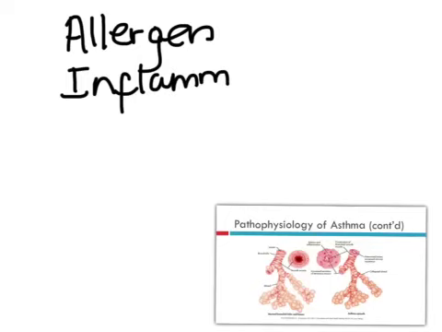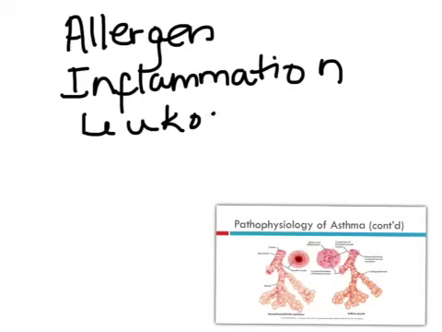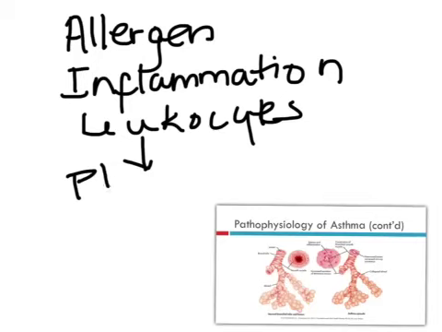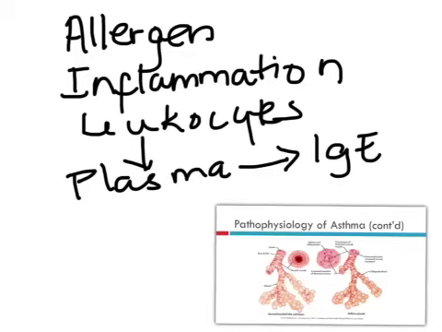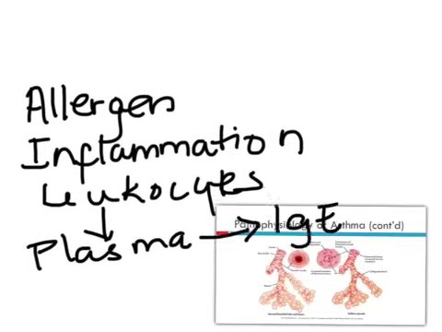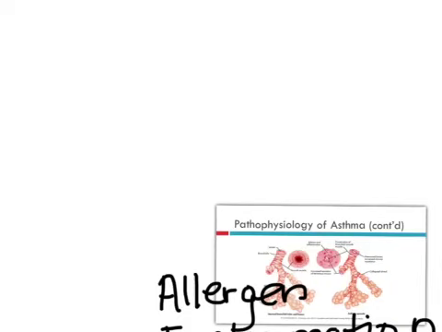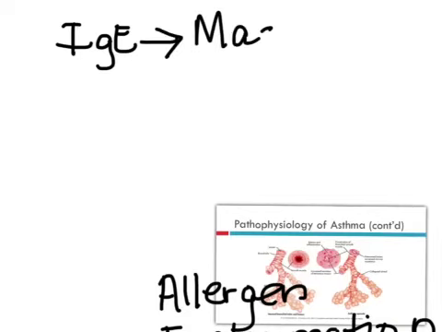After inflammation, you have leukocyte production, which are white blood cells, and then the leukocytes trigger the plasma cells, or turn into plasma B cells, which in turn produce IgE. IgE, again, is an antibody responsible for triggering the mast cell.